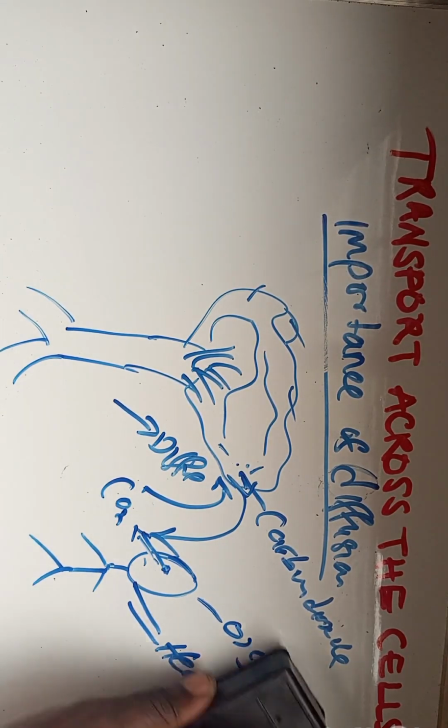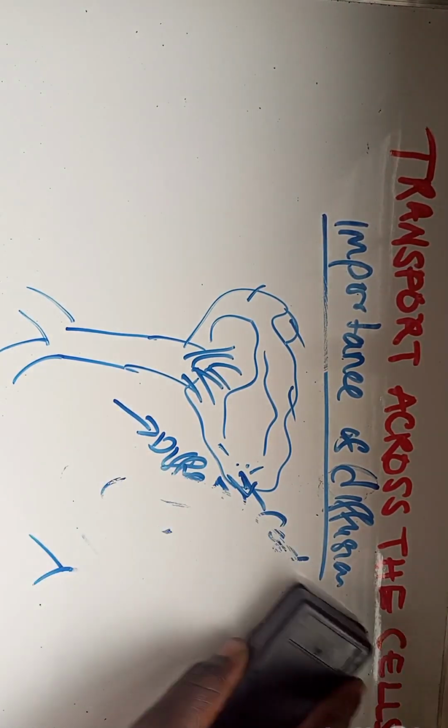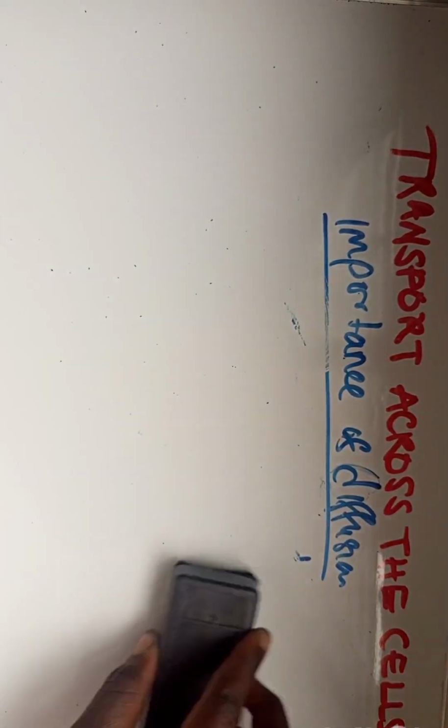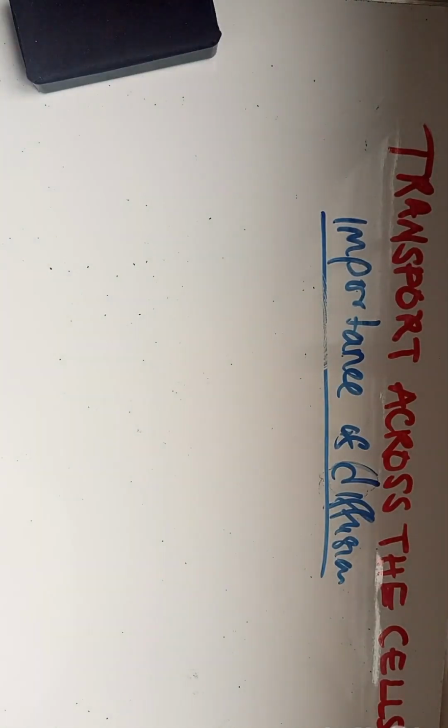So that is about diffusion in plants. There are many things which take place, not only this. This was just an illustration to give you a brief explanation. If I can give another one, we also have water vapor.